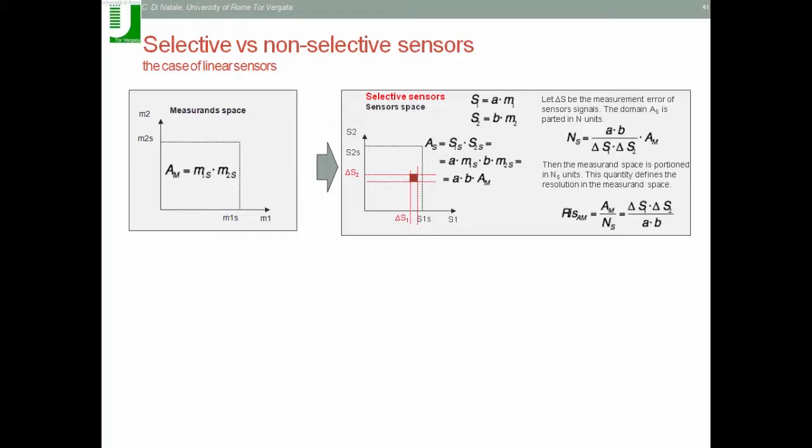These are the intervals of our measurement system that provide a certain measurement error. So this area is actually tiled by these small tiles. And how many of them do we have? We have the area A, B, A, N divided by the product of the uncertainties, that is the area of the single tile.